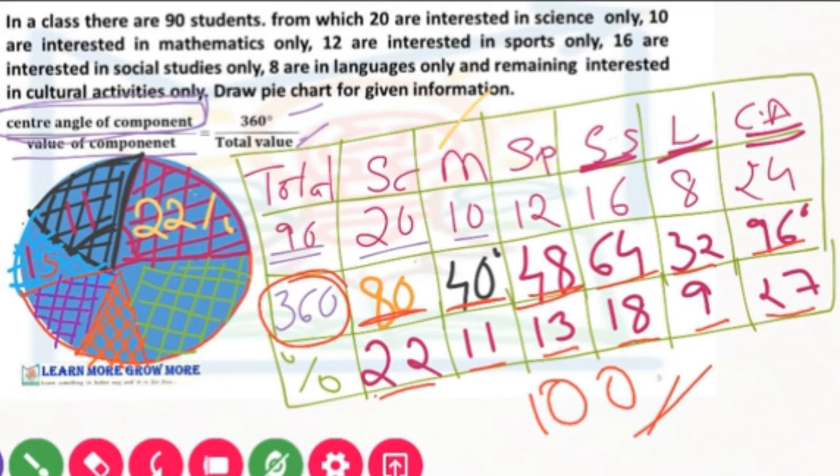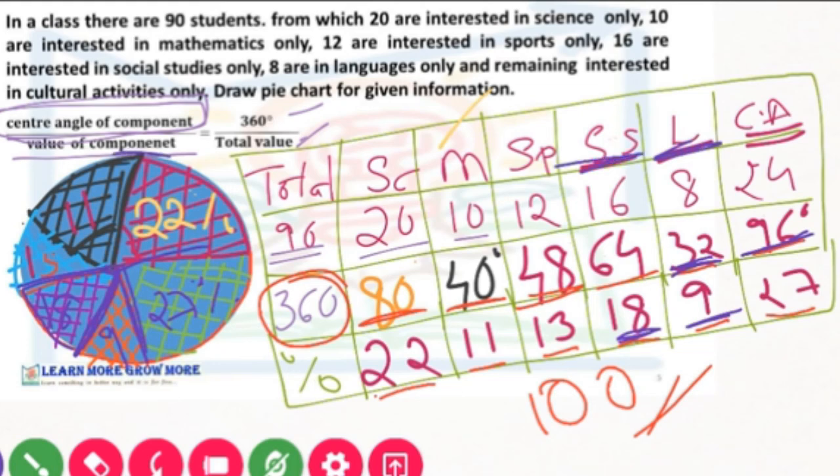Here this angle is 96 degrees, which is for 27% of students who are interested in cultural activities, and this angle corresponds to 32 degrees, which is for 9% of students who are interested in only languages, and at last this angle corresponds to 18% of the students who are very much interested in social science.